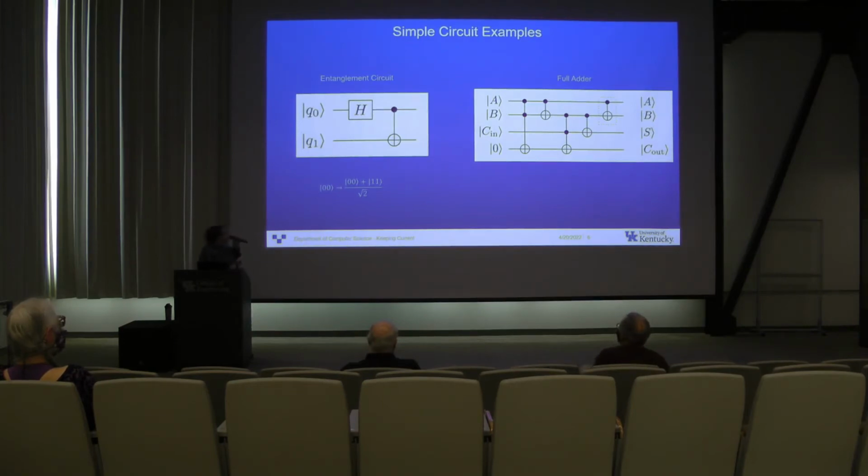So just some simple examples here. This circuit, just a Hadamard and that controlled NOT gate, results in a phenomenon called entanglement. Essentially, if these are 0, 0 right here, for example, it'll map it to this state, which effectively means that with a 50% probability, you either measure both 0 or both 1.